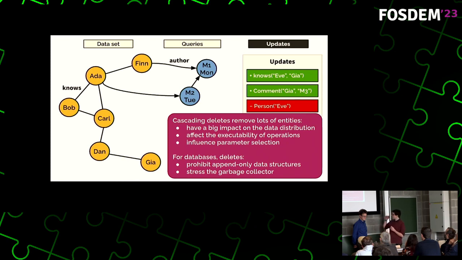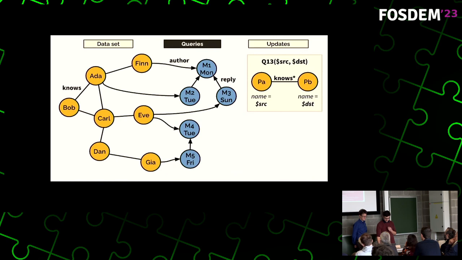And furthermore, it also influences selecting the parameters, which we have shown before. And we want to include these deletes because they prohibit append-only data structures in databases and also stress the garbage collector of these systems.